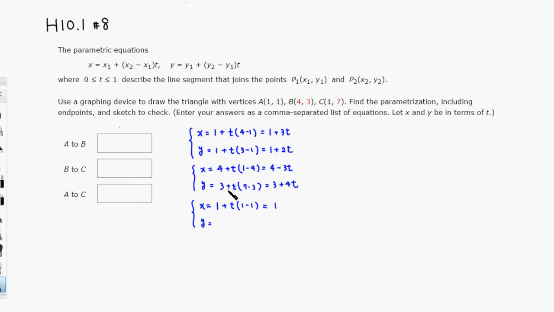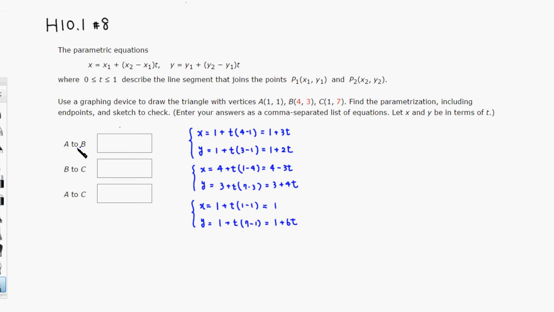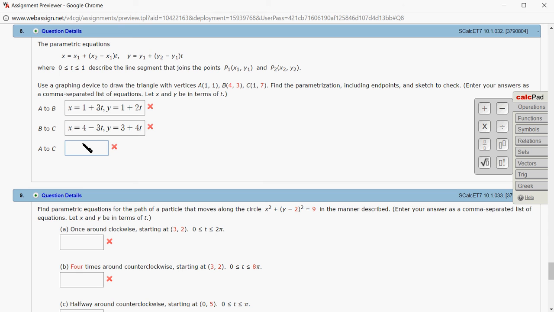Y is equal to 1 plus t times 7 minus 1, so it's going to be 1 plus 6t. Let's type it in. So x is equal to 1, and y is equal to 1 plus 6t.